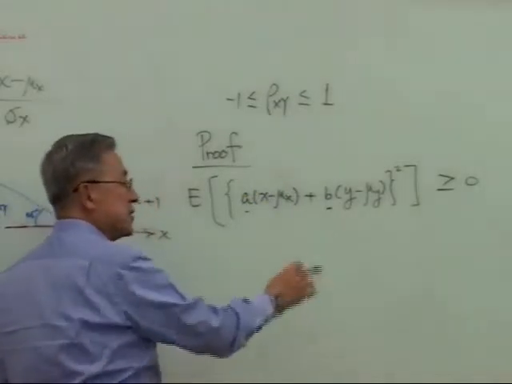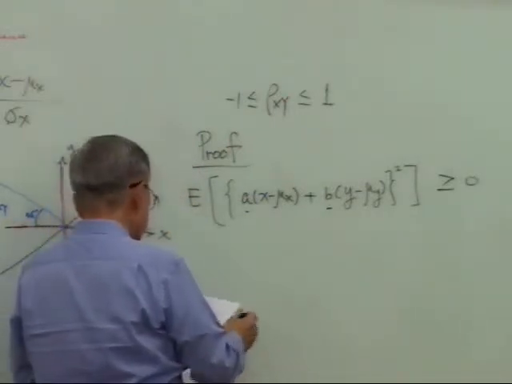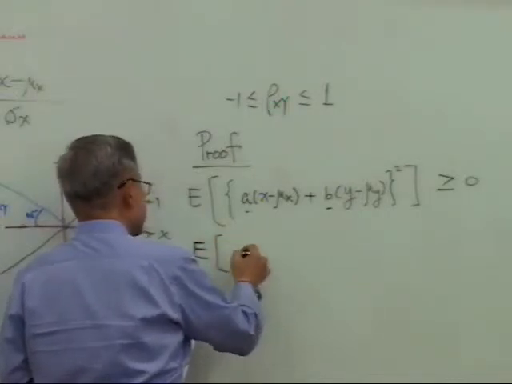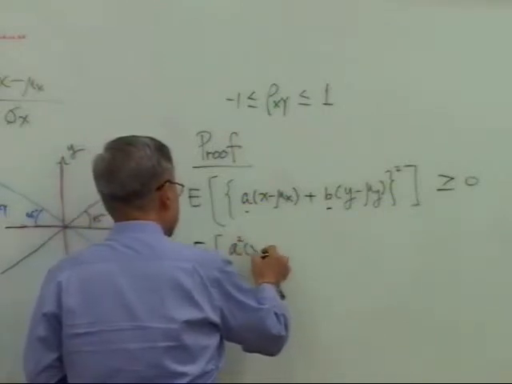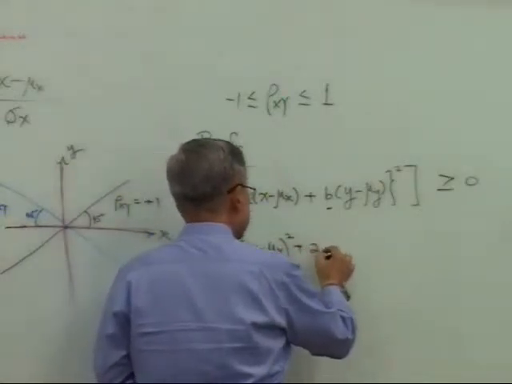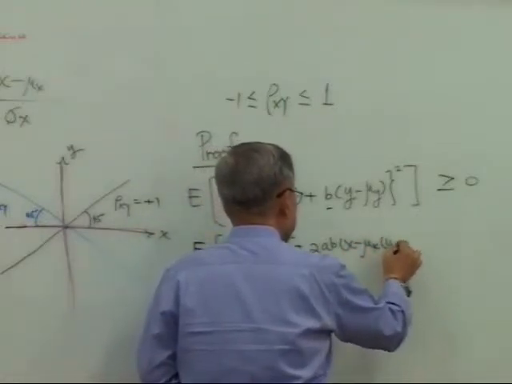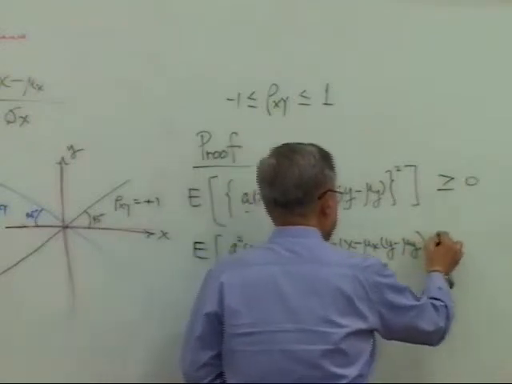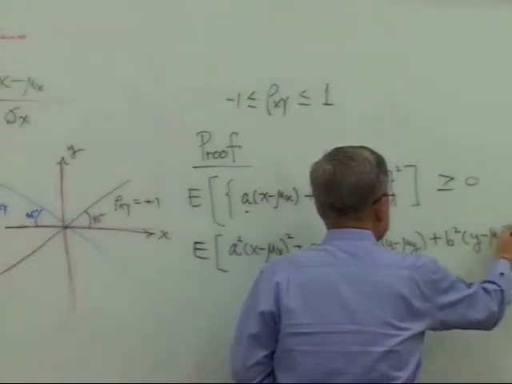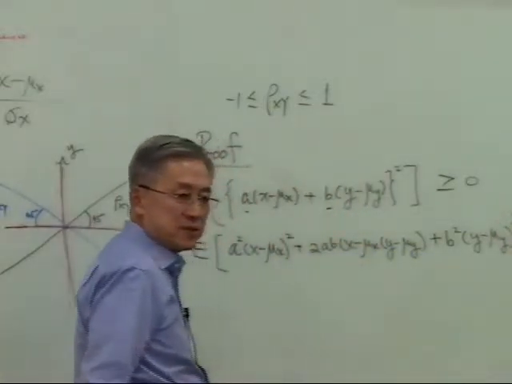Then if you expand it, so we're going to do just for the completeness, a squared x minus mu x squared plus 2ab x minus mu x, y minus mu y, plus b squared y minus mu y squared, just expanded.